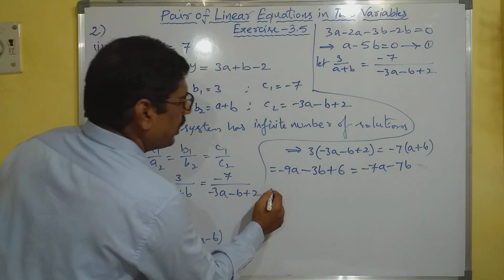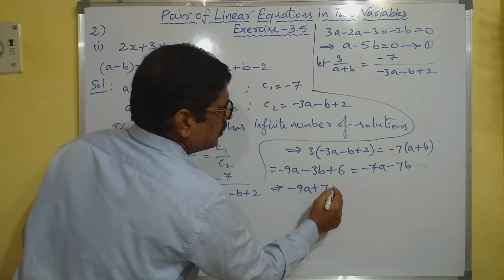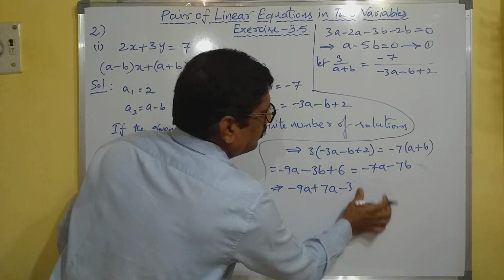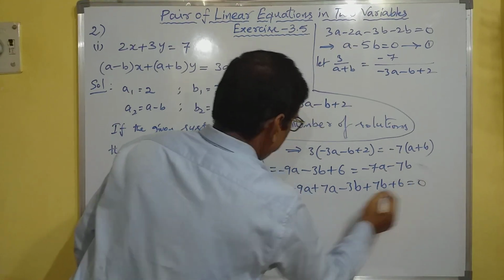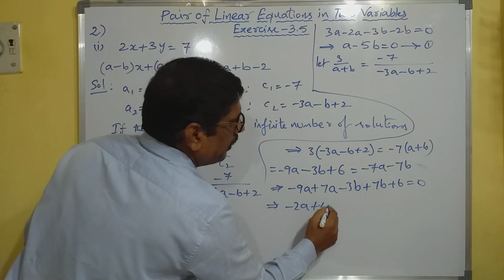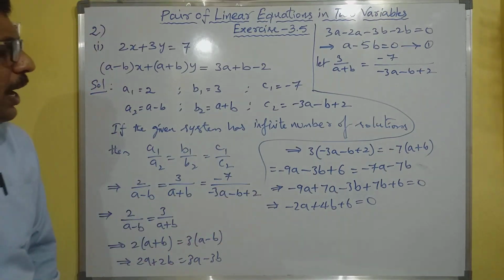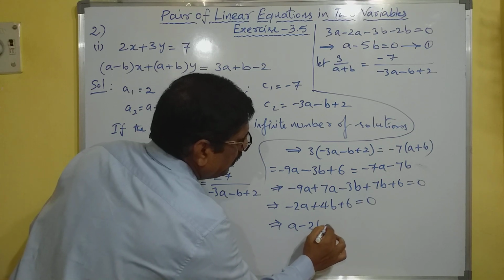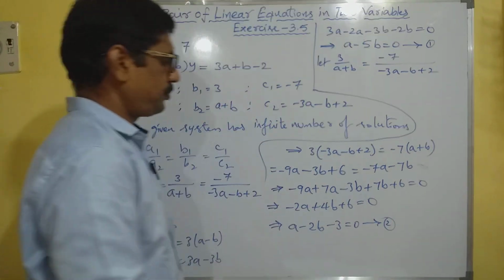Now we can take minus 7A and minus 7B to the LHS, we get plus 7A, minus 3B, plus 7B, plus 6 is equal to 0. So minus 2A plus 4B plus 6 is equal to 0. If you divide by minus 2, we get A minus 2B minus 3 is equal to 0. This is the second equation.